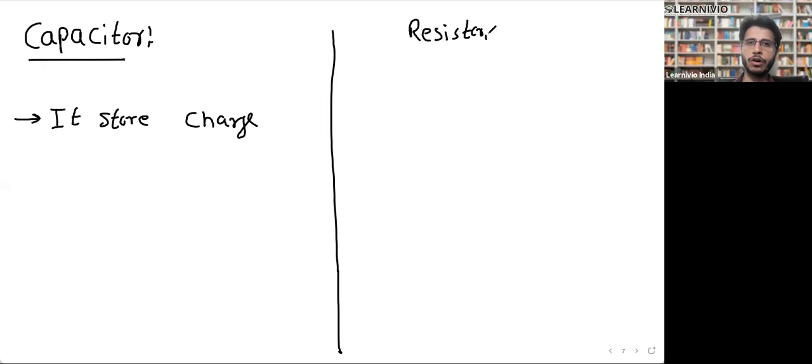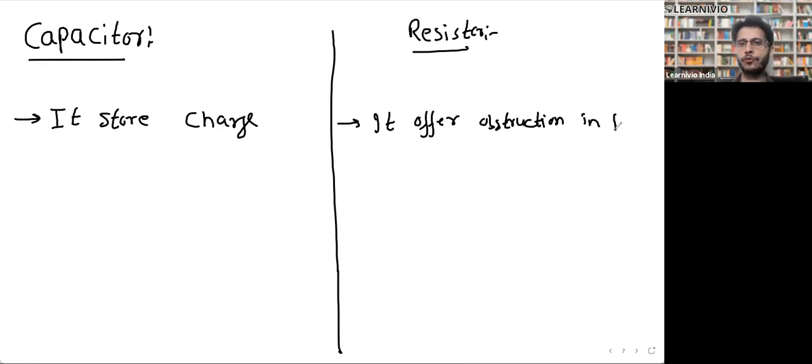A capacitor stores charge. A resistor offers obstruction in the flow of charge, which is what you call current.